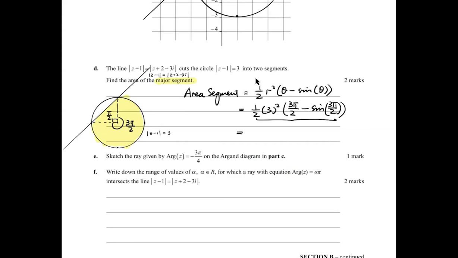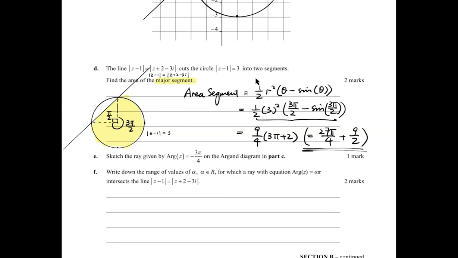So it will be half times 9 times (3 pi on 2 minus sine 3 pi on 2). Let's see, okay. 9 over 4, 3 pi on 2. Okay, or in expanded form, you could say it's 27 pi on 4 plus 9 on 2.